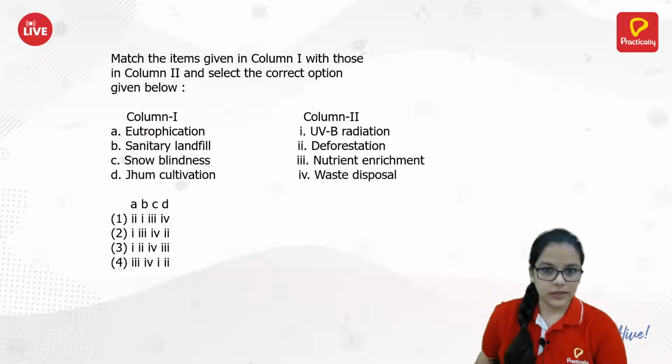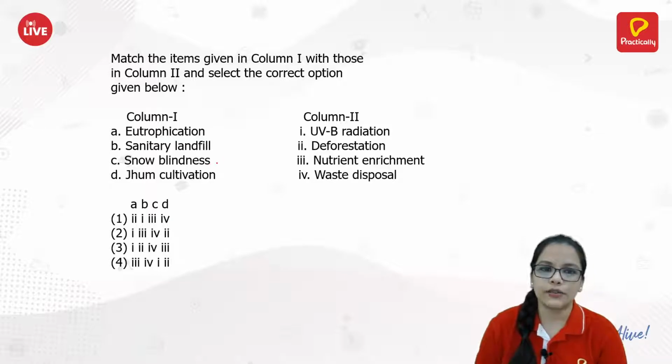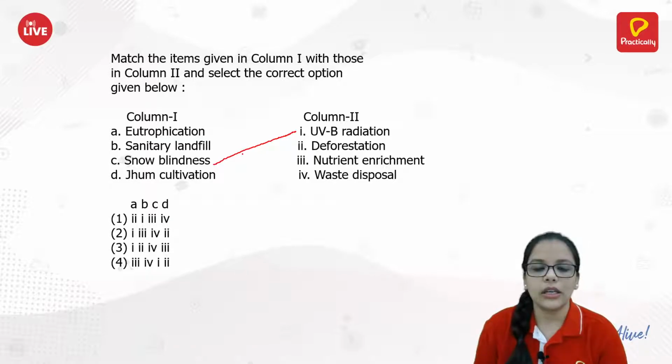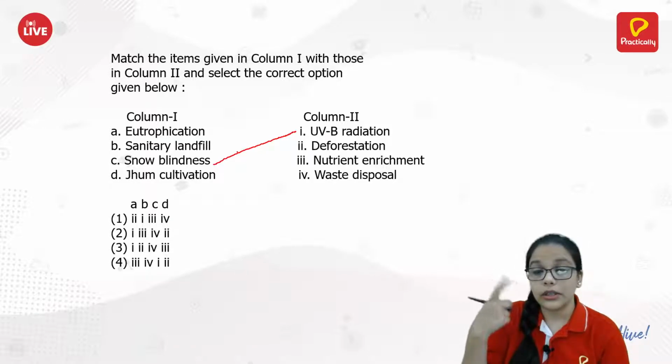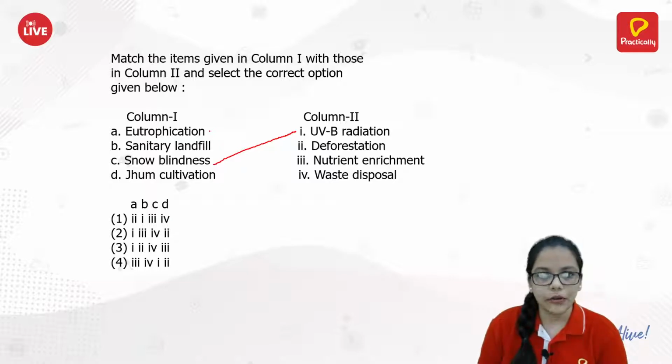We'll start with ticking out the things we know. I know snow blindness for sure is caused due to UVB radiation, mostly in the Antarctic region. It causes the burning of the cornea. Eutrophication is a type of nutrient enrichment.